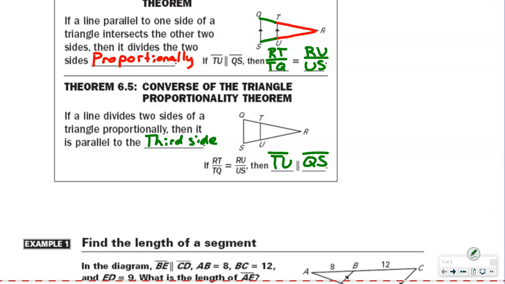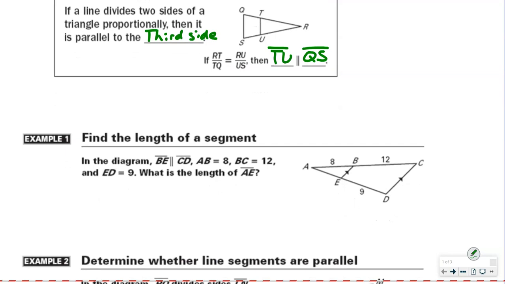So that's the converse of the triangle proportionality theorem. The proportionality theorem is if you know the lines are parallel, then you know the divided up sides are proportional. And the other is if you know the two sides of a triangle have that proportionality, then the third side is parallel.